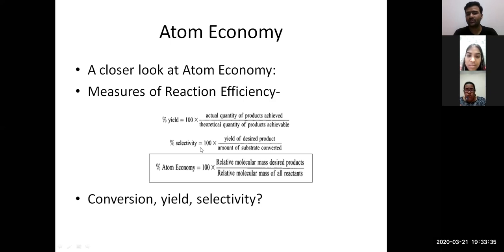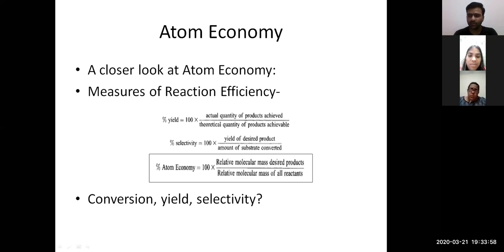And they used to check how selectively you are able to transform into the desirable product without getting byproducts in that synthetic pathway. So these were the only two measures of reaction efficiency. And after the principles of green chemistry were established, we added one more measure of reaction efficiency, which is nothing but the percentage atom economy.